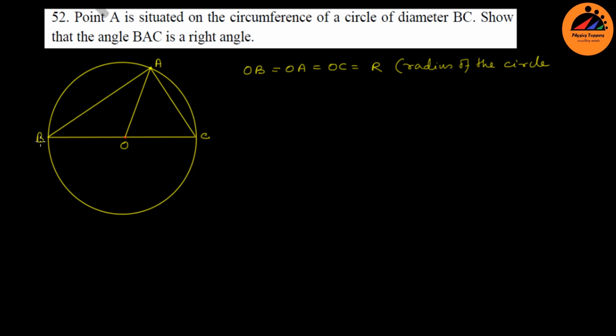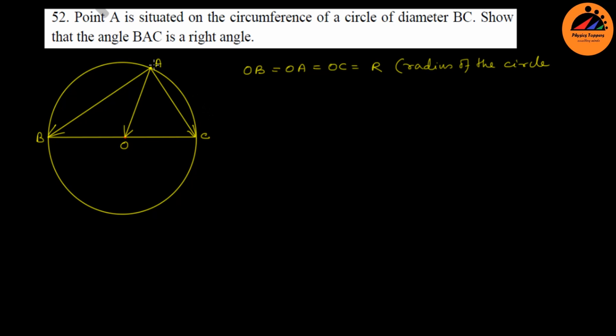Now, how can you prove that angle BAC is 90 degrees? Very simple. Just take AB as a vector and AC as a vector and take the dot product. So that will help, right? So take AB as a vector, A to B. Suppose this is a vector and this is a vector, right? This is also a vector.